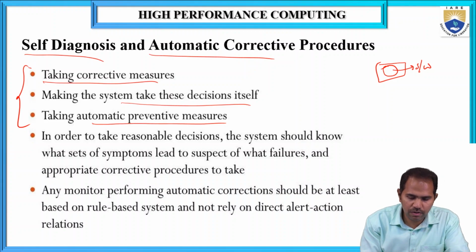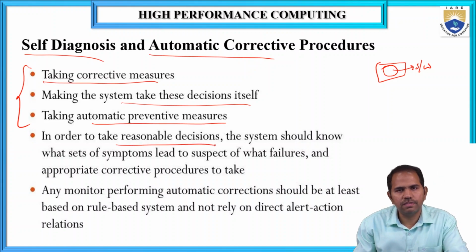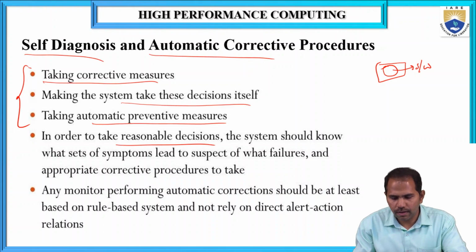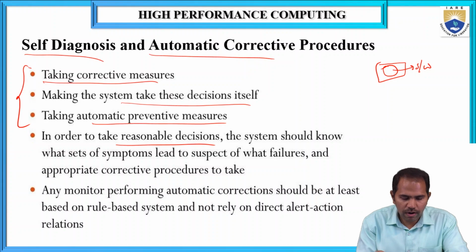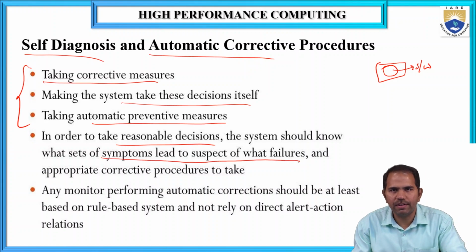And the next thing is, in order to take reasonable decisions, the system itself has to know what sets of symptoms lead to suspicion of what failures. This is the important thing.